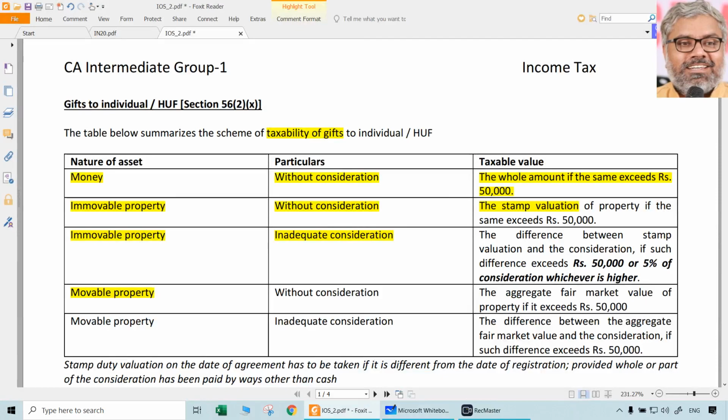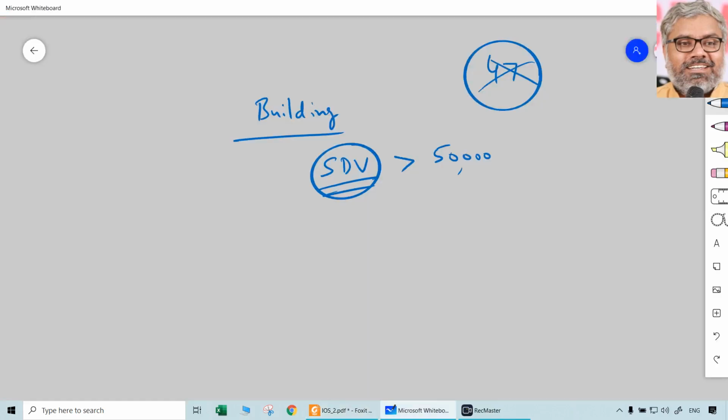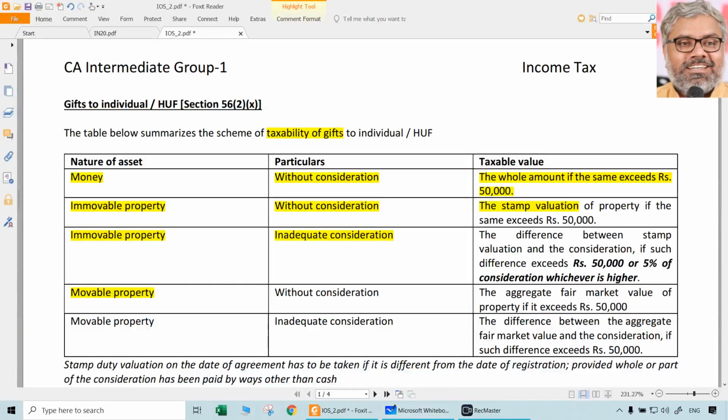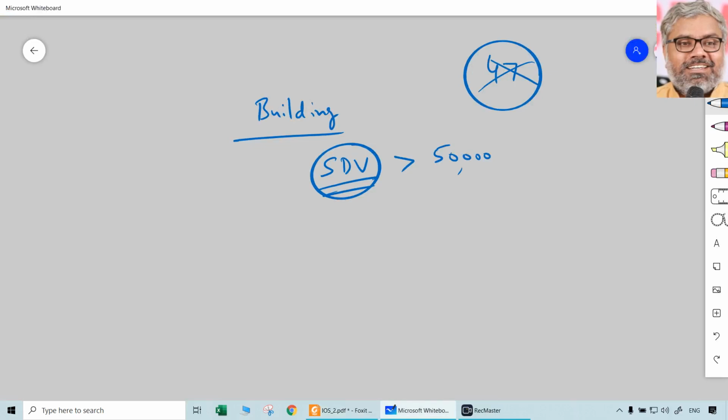That's it. When an immovable property is received by an assessee, who is an individual or HUF, without consideration, free of cost. So imagine X received a building from Y. X is the recipient, Y is the donor. For Y, nothing is taxable because as per section 47, it is not even a transfer.